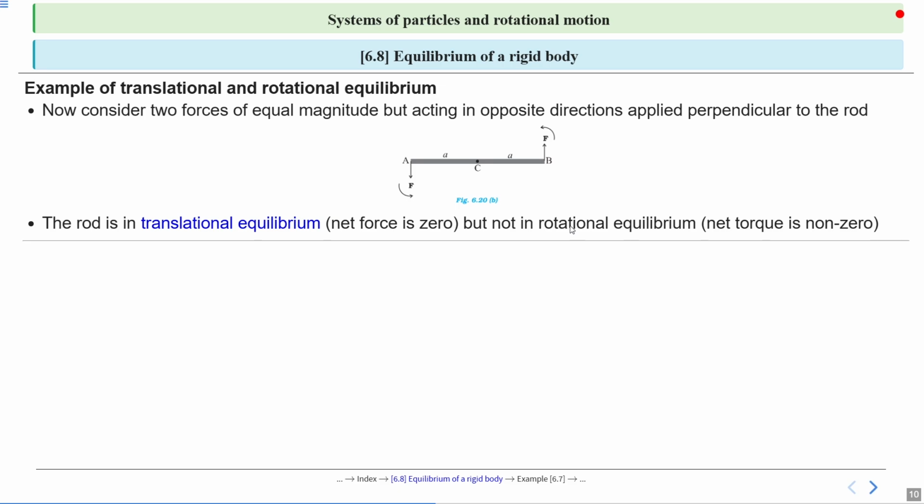Due to these forces, there is an angular acceleration, so the body can rotate. So the net torque is non-zero, and the net force is zero, because there is no linear acceleration. Couple.